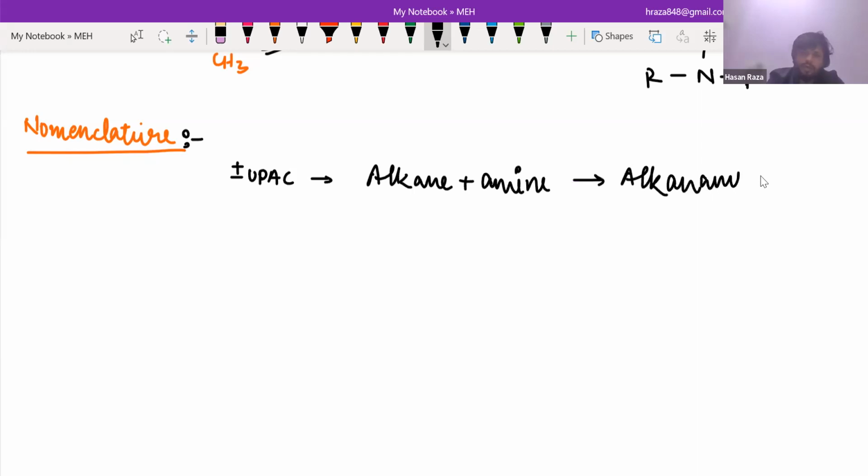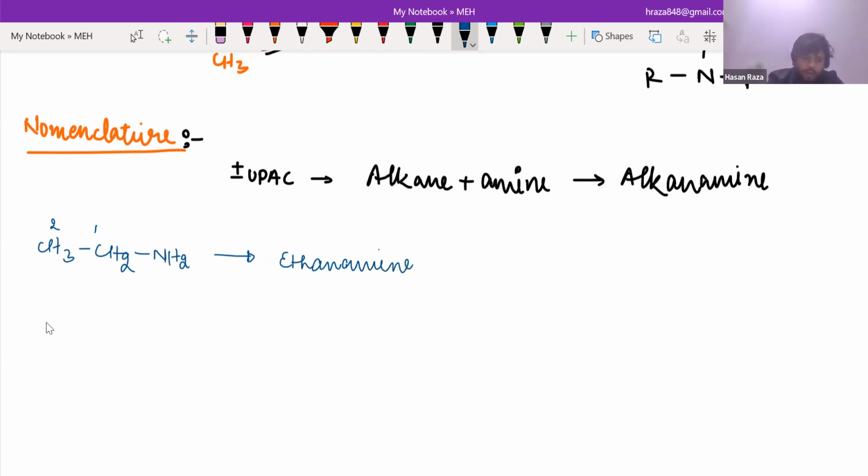I'm going to give you some examples and then you will get it. If you have CH3, CH2, NH2, you can see there is no branch. There are 2 carbons in the parent chain, so the name will be ethanamine. This is a primary amine.